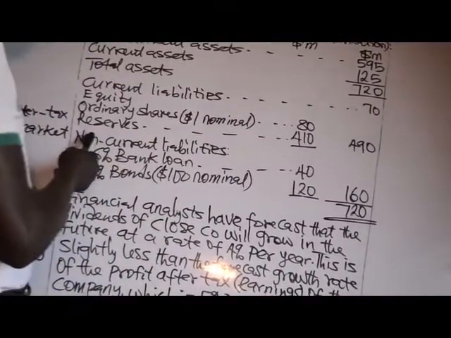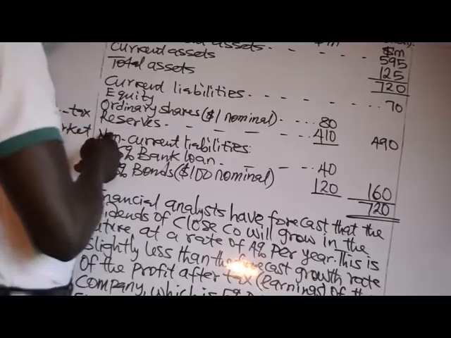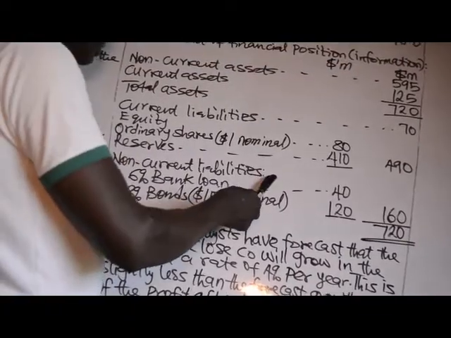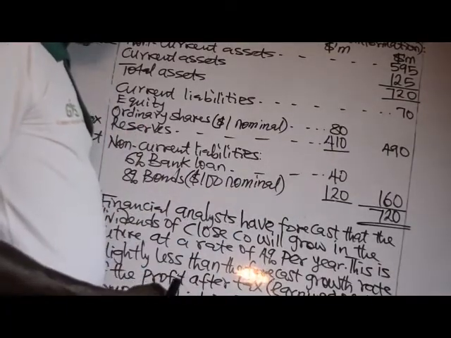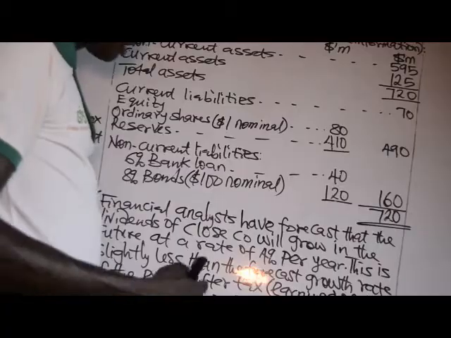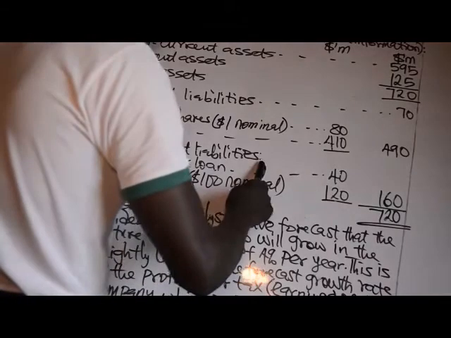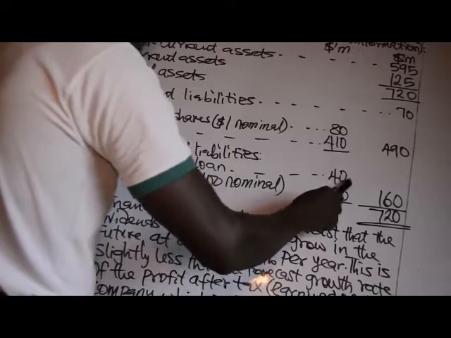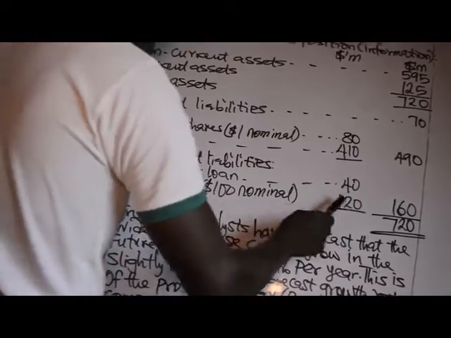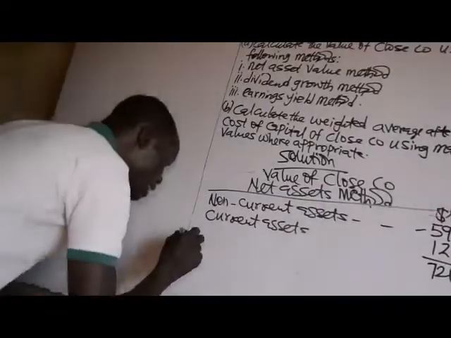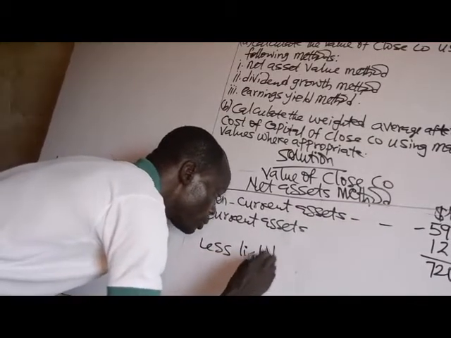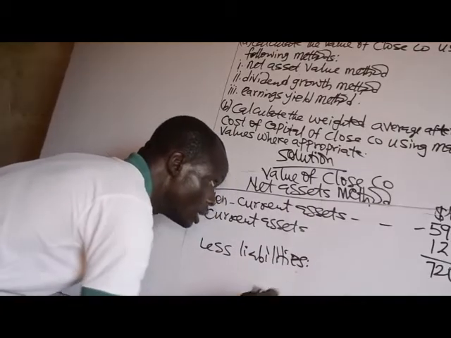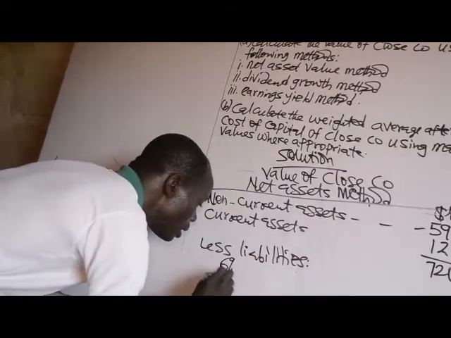Now, let's look at the liabilities. Net asset means equity, or total assets minus liabilities. The non-current liabilities include a 6% bank loan of 40 and 8% bonds of 120.